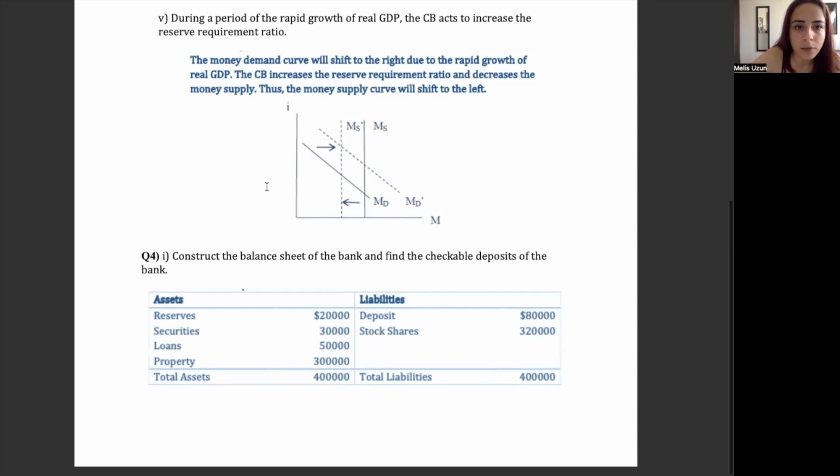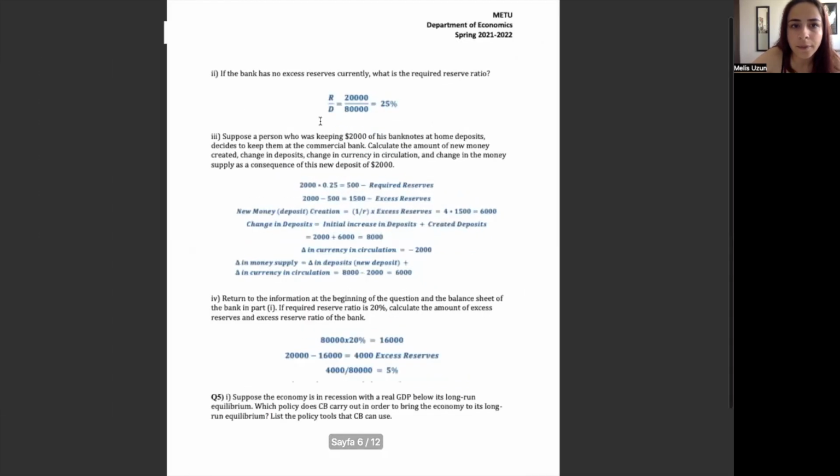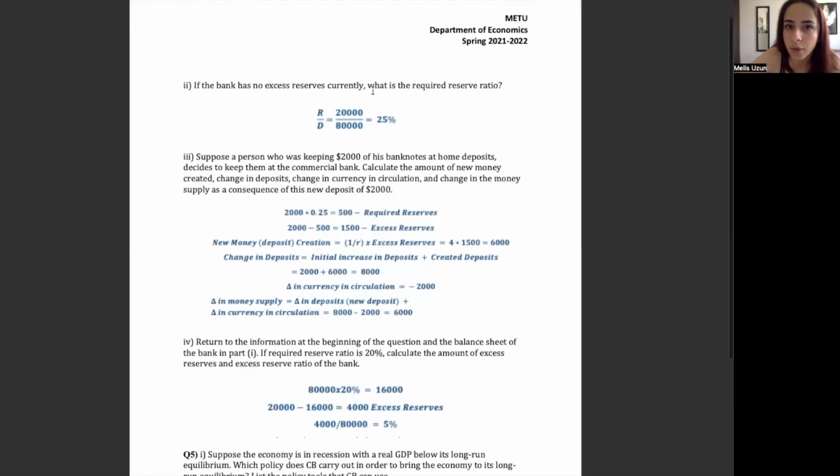So let's look at what the question asks us. If the bank has no excess reserve currently, what is the required reserve ratio? How do we calculate the required reserve ratio? We divide reserves by deposits. So let's look at the table again.